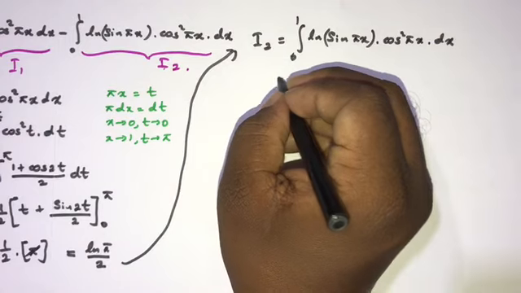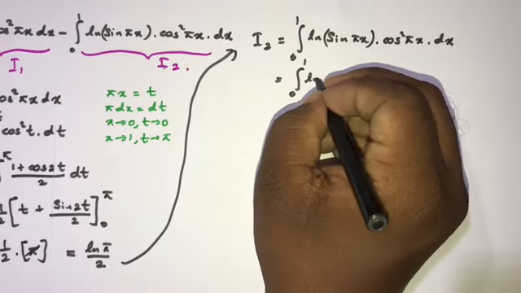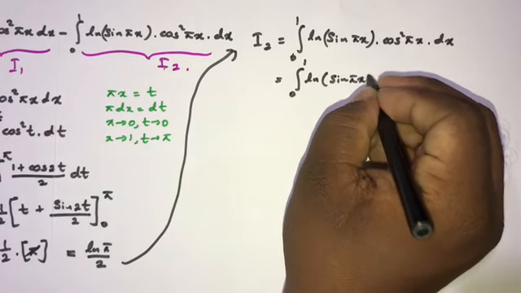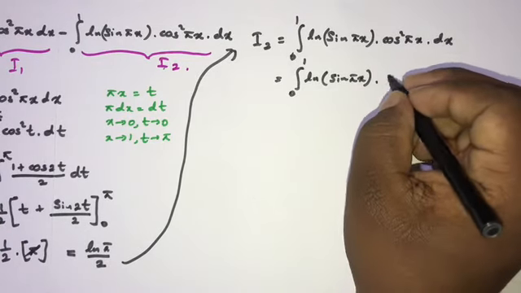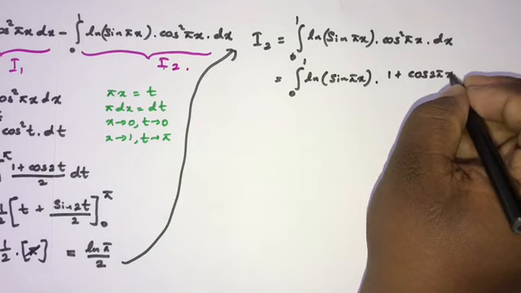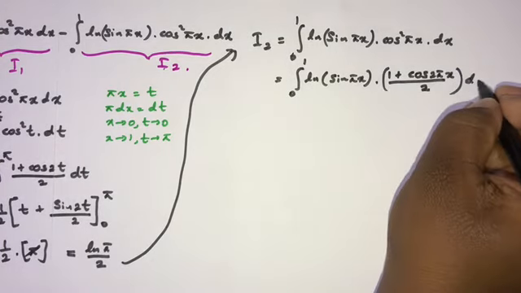Then we rewrite cosine square of pi x as 1 plus cosine of 2 pi x over 2, dx.